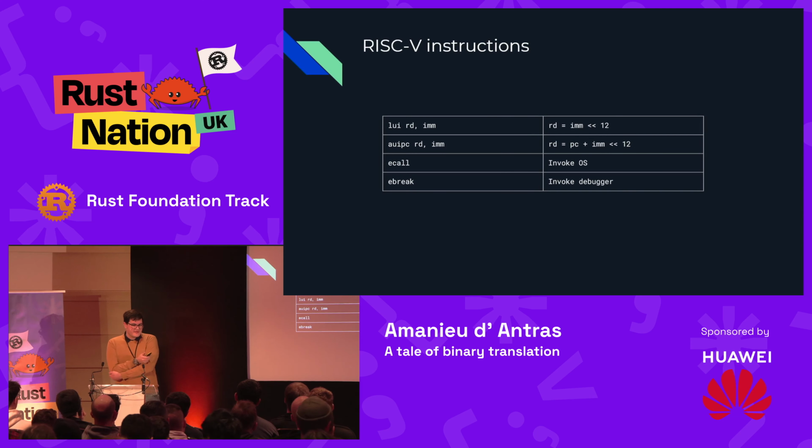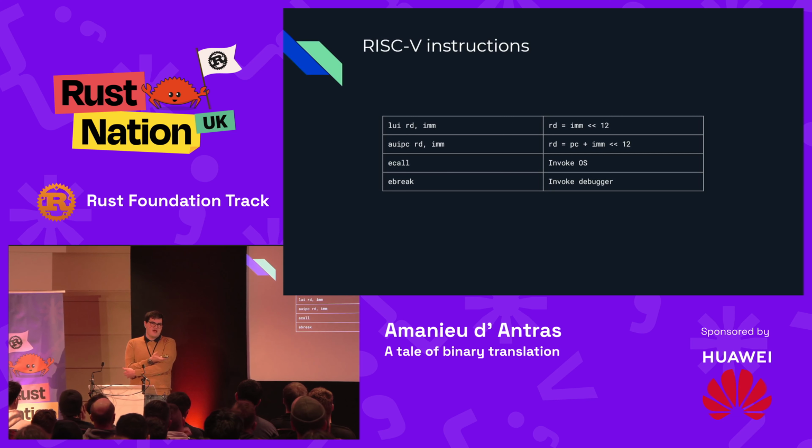Finally, we've got a few miscellaneous instructions. LUI is used to generate 32-bit values. Because the immediate values in instructions need to fit within 4 bytes and so have space for the actual opcode, you can't actually represent all possible 32-bit values.